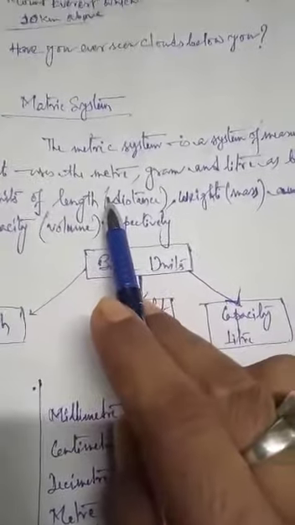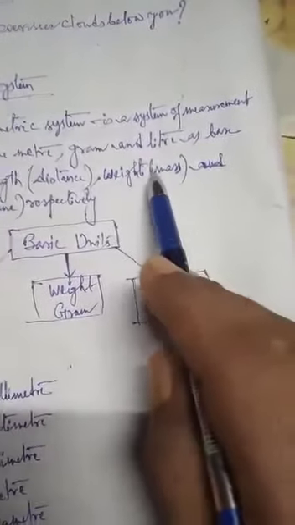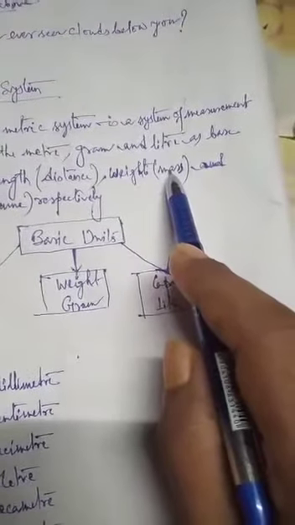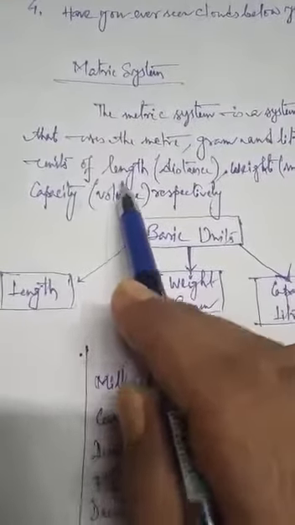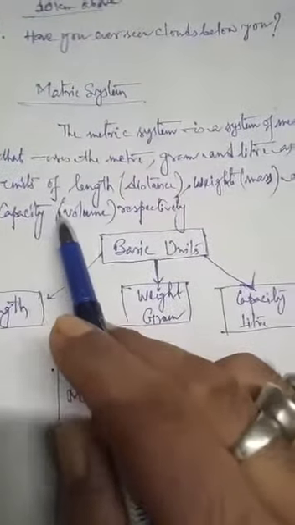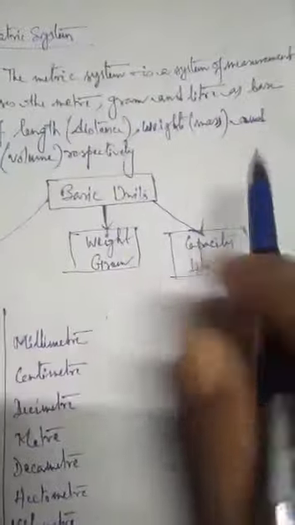When we measure mass, like weights, then we use gram, kilogram. When we measure volume, that means capacity, then we use liter, kiloliter.